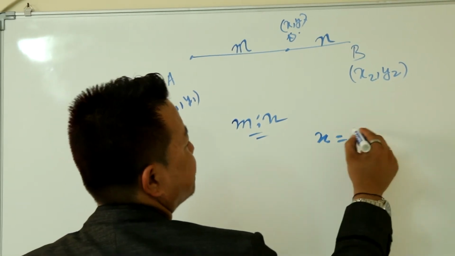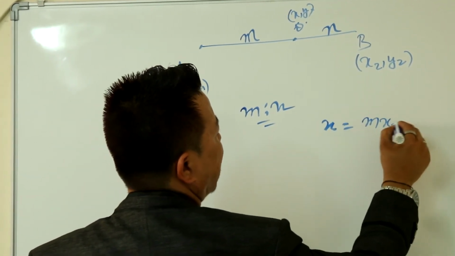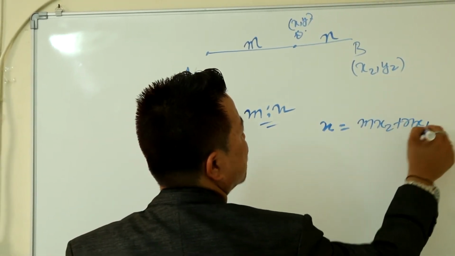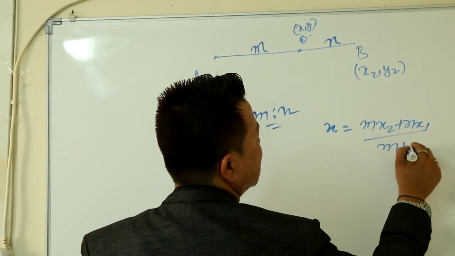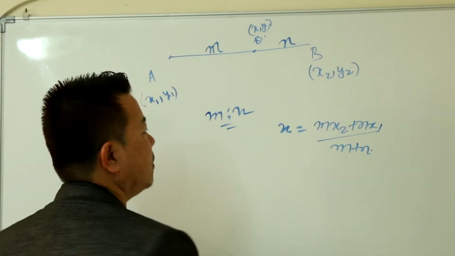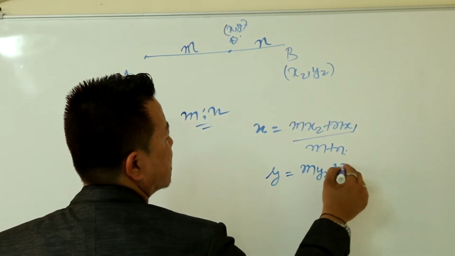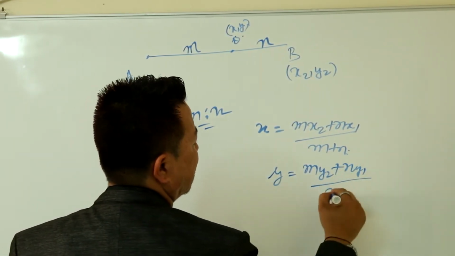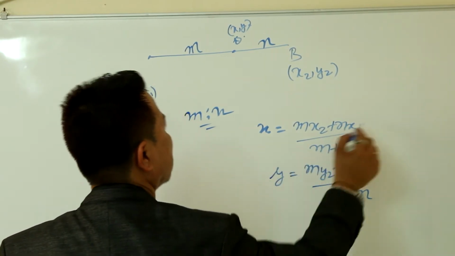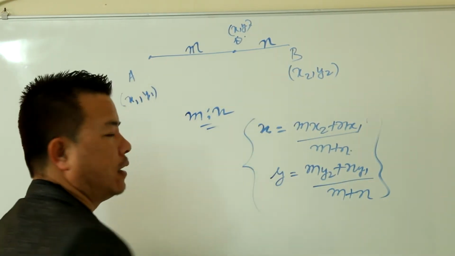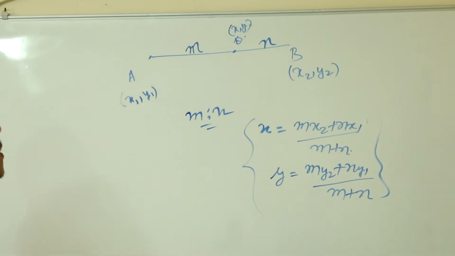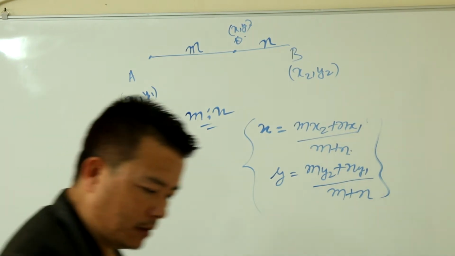X, how do you find x? (m x2 plus n x1) upon (m plus n). Similarly, y is (m y2 plus n y1) upon (m plus n). So we will derive this formula now. This is called section formula. So we are going to derive this formula.